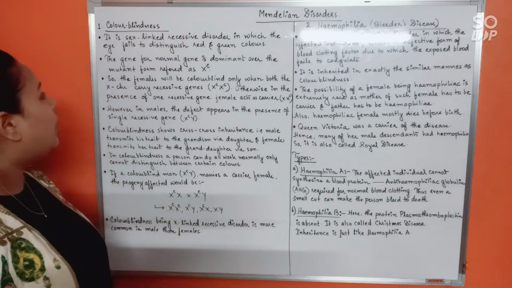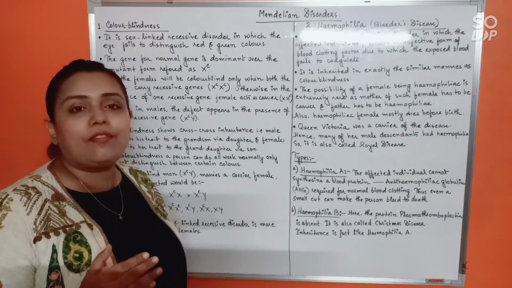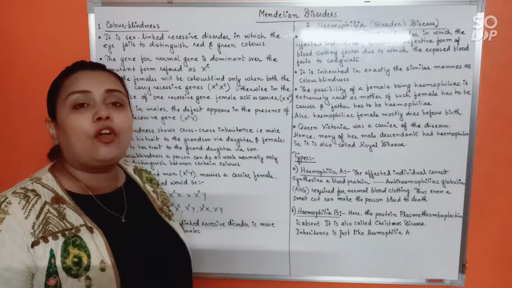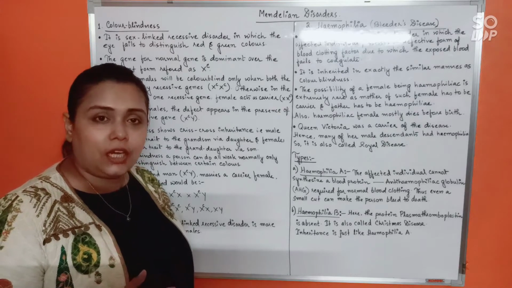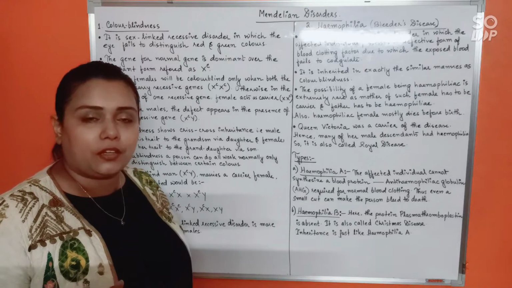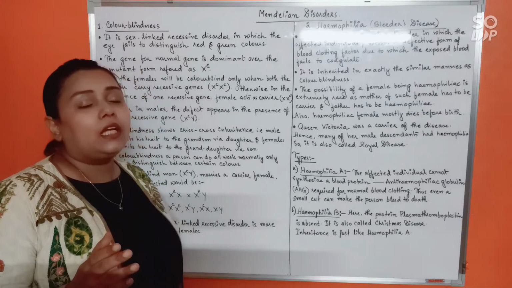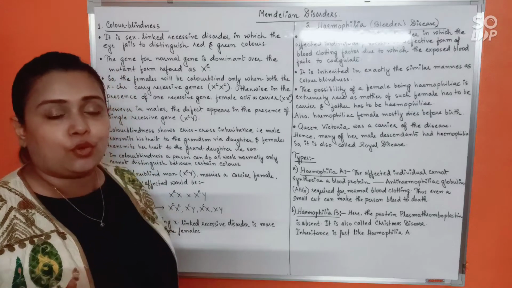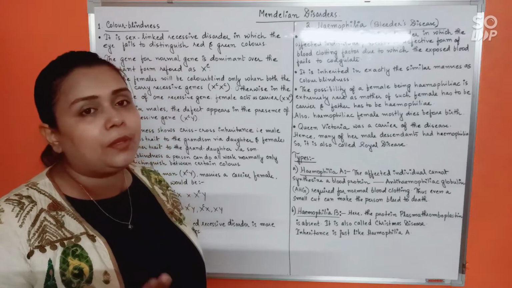Fine. Now, as you already know, X-linked recessive disorders are mostly found in males because males have only one copy of the gene, unlike females, right? And you should also remember the criss-cross inheritance that I have told you before: the X chromosome always passes from the father to the daughter and from the mother to the son.